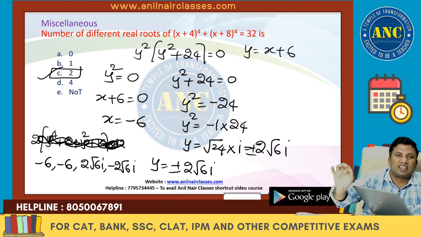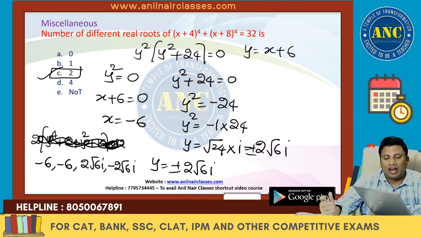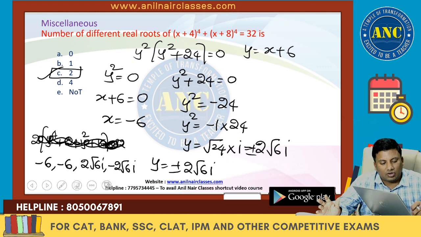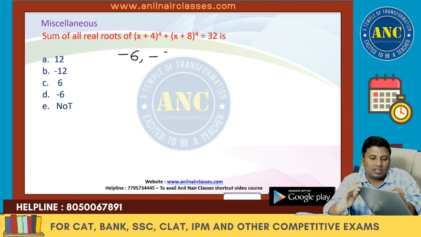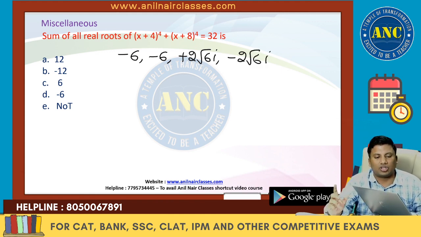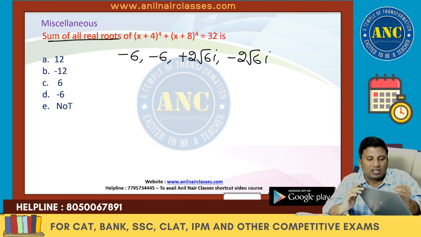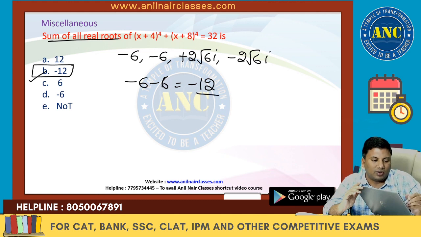Take x plus 6 as a and then solve it. What is the next question? The next question is the sum of all real roots: minus 6, minus 6, plus 2 root 6i, minus 2 root 6i. It is worth solving this question because multiple questions are there. Sum of all real roots: minus 6 minus 6, which is nothing but minus 12.